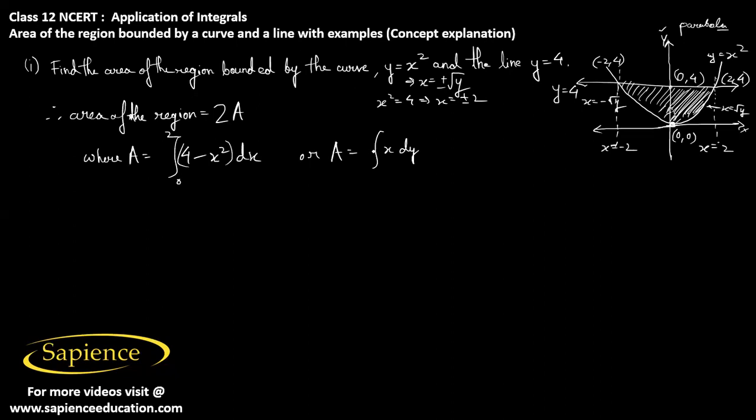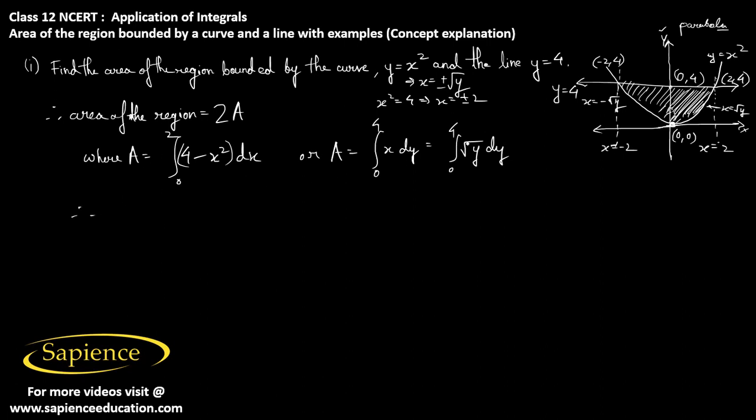So this integral A will go from 0 to 4, y going from 0 to 4. We can write it as the integral from 0 to 4 of root y dy. This way also we can solve.